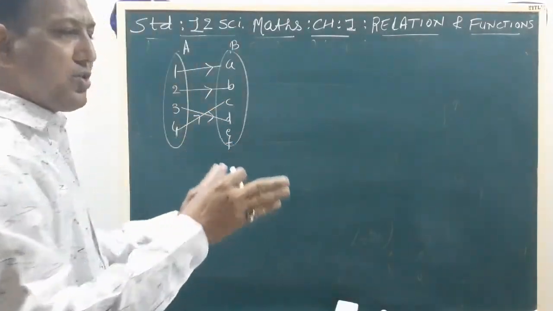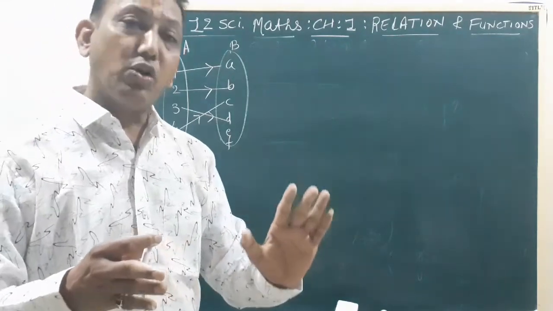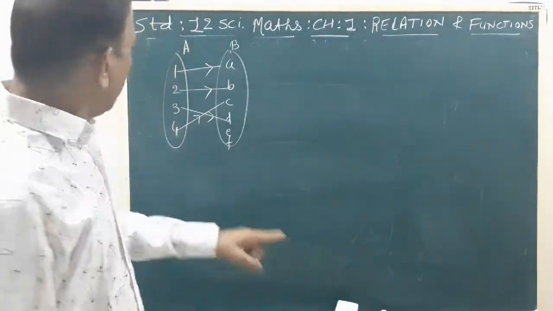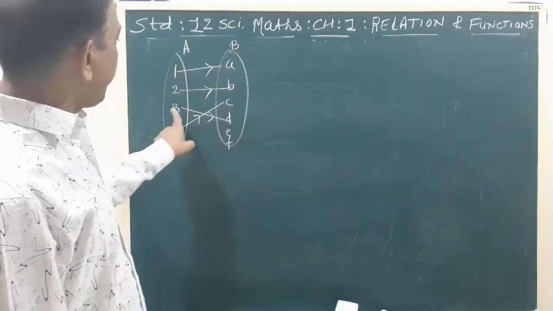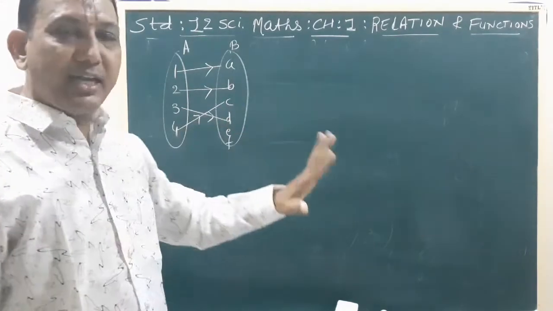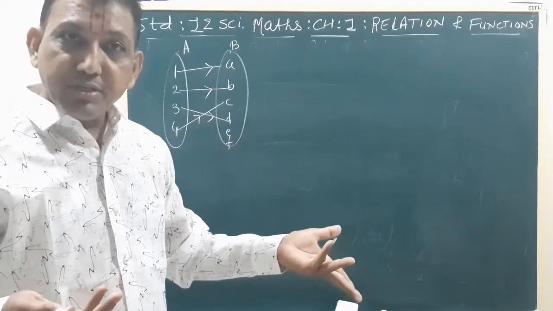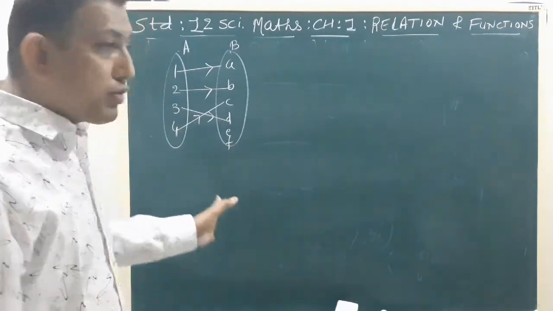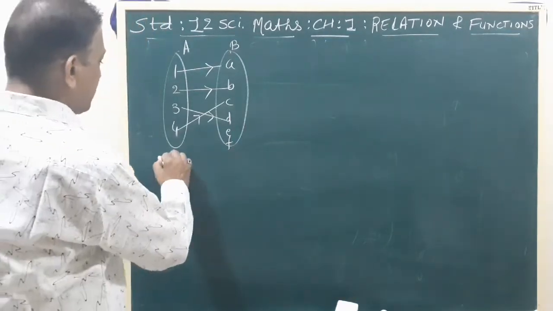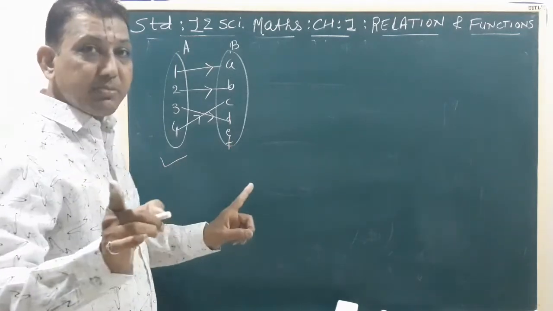Now decide one-one, many-one, and onto. Which are possible? F1 answer A, F2 answer B, F3 answer D, F4 answer C. Different value, different answer. That means one-one function. Okay? But onto is not possible. Why?